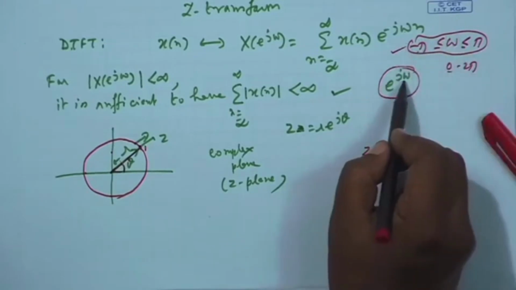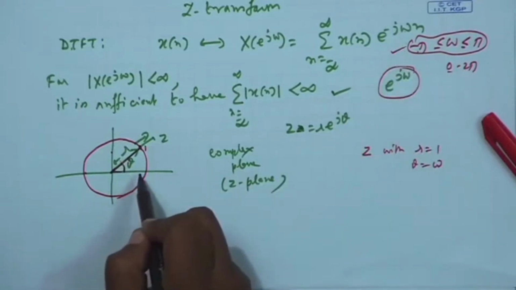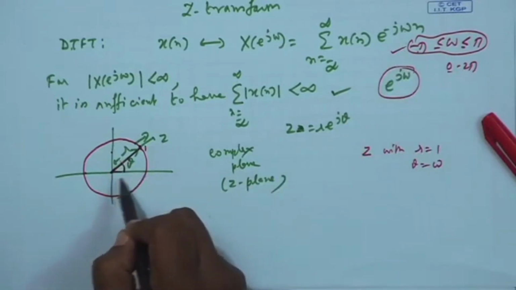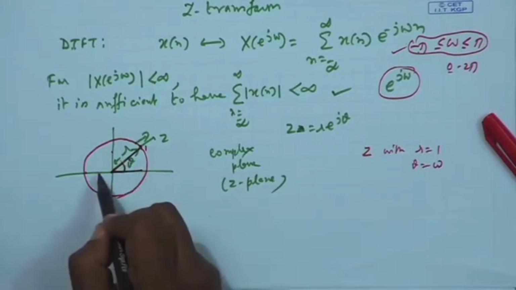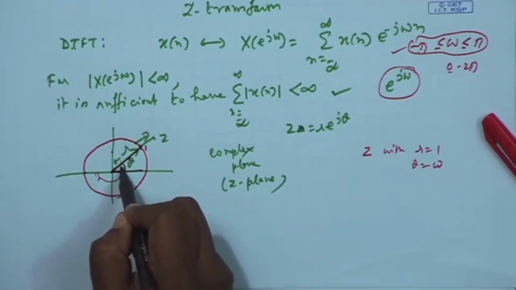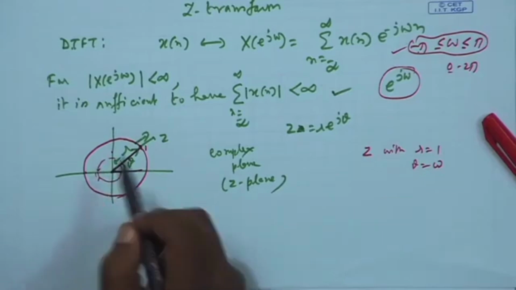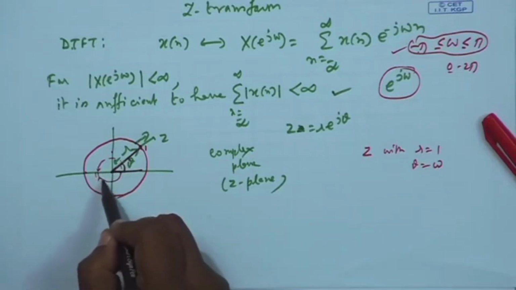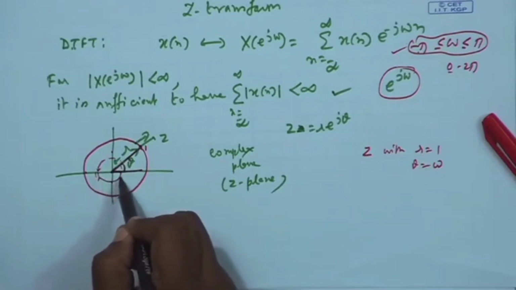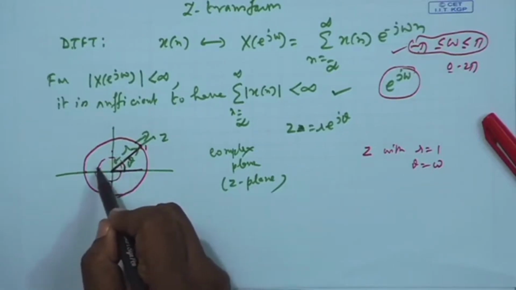So, omega in this equation will take values from minus pi, this much, and then it will become less negative, it will go in this direction and will become plus pi. So, omega can vary from minus 180, then minus 90, then 0, then positive to 90 and then 180.